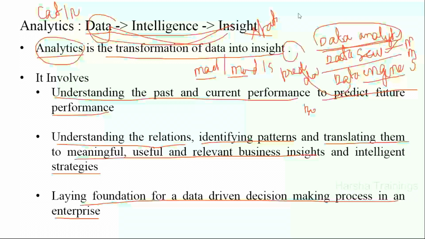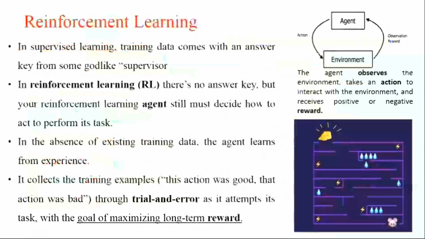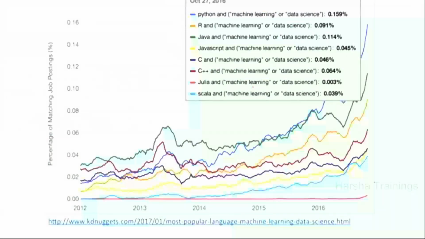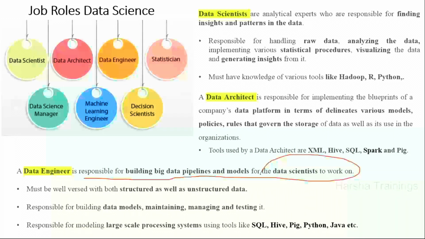The person who is a data engineer is going to model the data. Look here, the data engineer is responsible for building data pipelines and models for data scientists to work on. He will be the input for it.